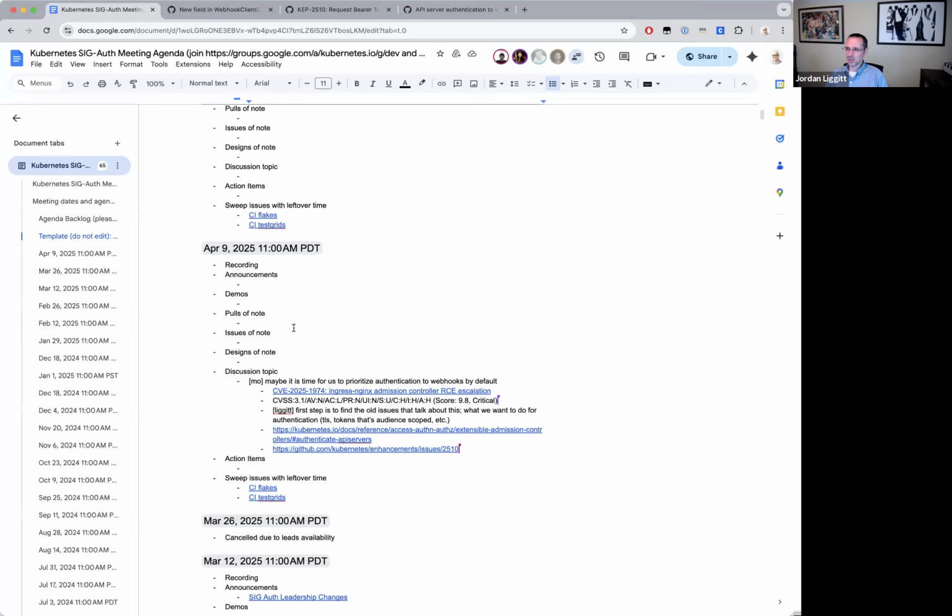You need to think about it from the perspective of someone writing a webhook backend that doesn't know what type of cluster they're going to be deployed in. So a generic gatekeeper backend.